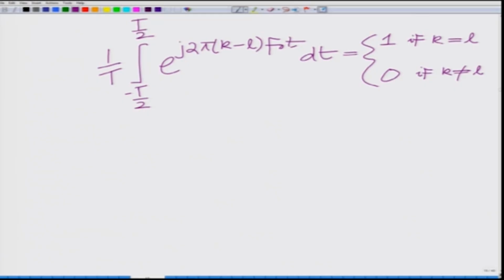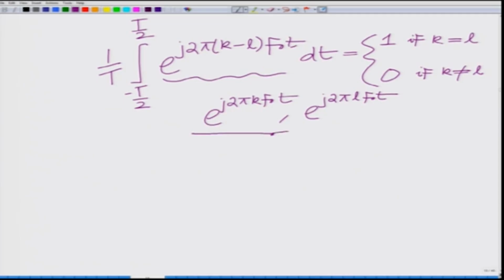This is an incredible property. It shows nothing but the fact that these different harmonics, e to the power of j 2 pi k f naught t and e to the power of j 2 pi L f naught t, are orthogonal.